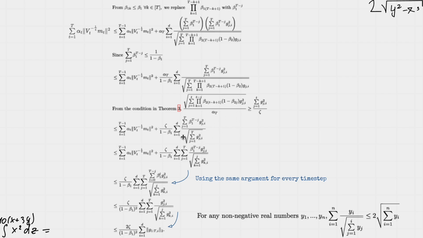Taking the summation away from the fraction since the denominator is invariant to t, summing through all those time steps, and replacing the geometric coefficient beta 1 to the power of l with the infinite sum. The final inequality is derived by plugging in the inequality that replaced the ugly fraction with a clean L2 norm of the gradient.